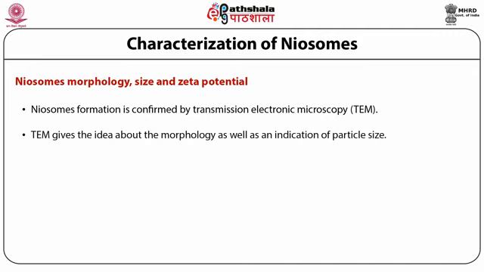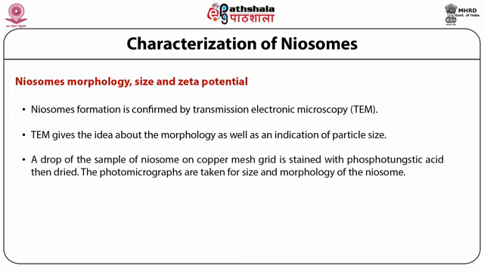TEM gives the idea about the morphology as well as the indication of the particle size of the vesicle. Here, a drop of the sample of neosome is placed on a copper mesh grid and is then stained with phosphotungstic acid.